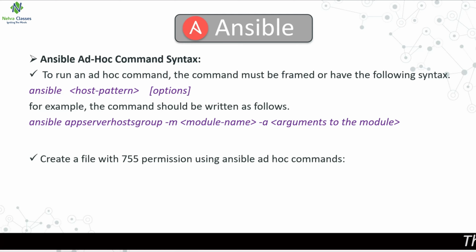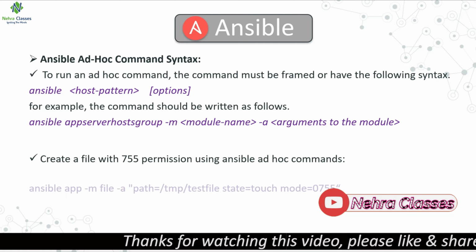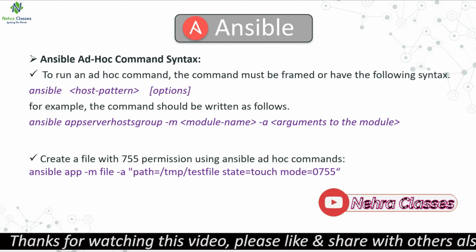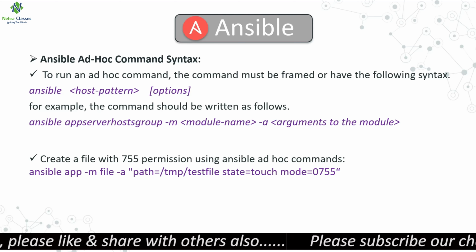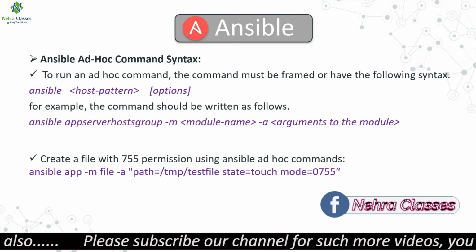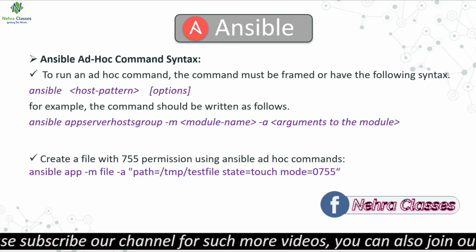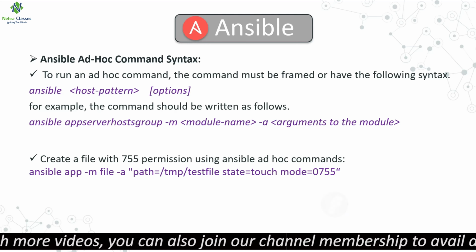Suppose you want to create a file with 755 permission using an Ansible ad hoc command, you will execute the command like this: ansible, then the host group where you want to execute it, then the module with option -m, then the argument with option -a. So let me show you this command on the terminal.